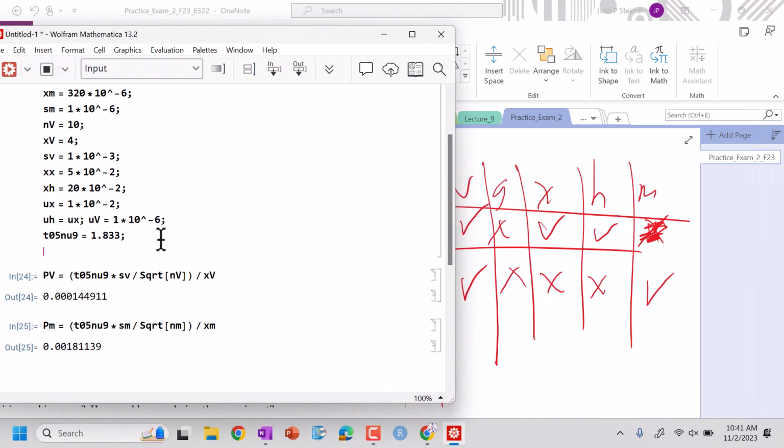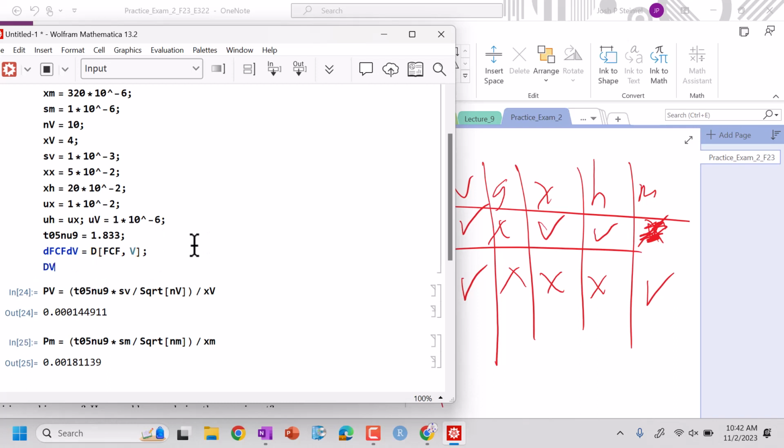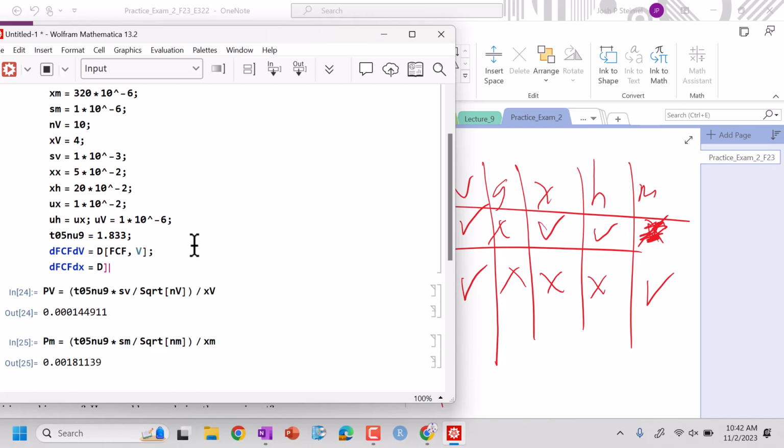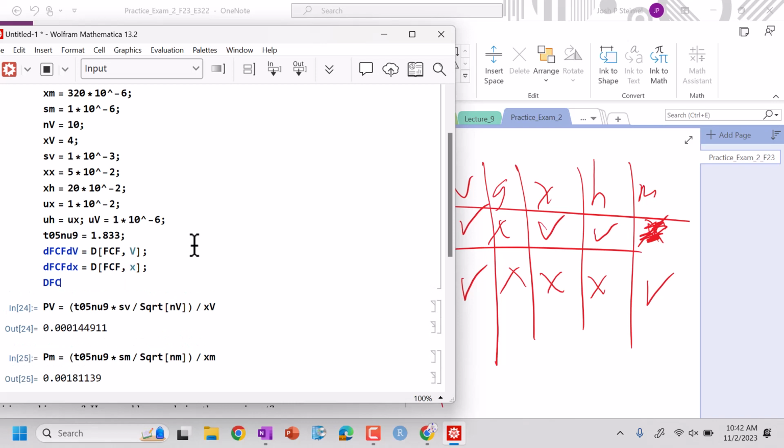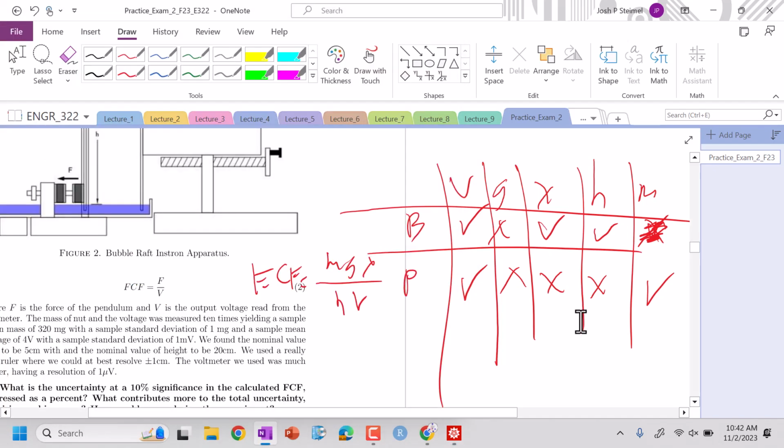We have bias in the X. So let's do dFCF/dV, the derivative of FCF with respect to V. We'll also have the partial derivative dFCF/dx, and dFCF/dH, the derivative of FCF with respect to h, height.